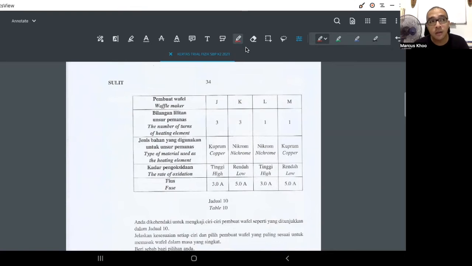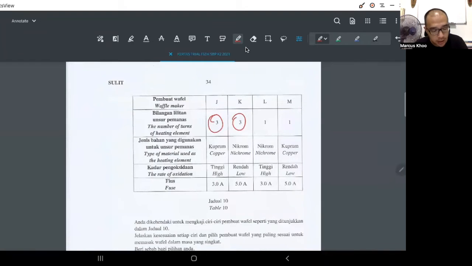Now, a waffle maker is to produce heat. So if you want to have the heat, you need to have a higher resistance. How do you have higher resistance? Use a longer wire, which means you need more turns.